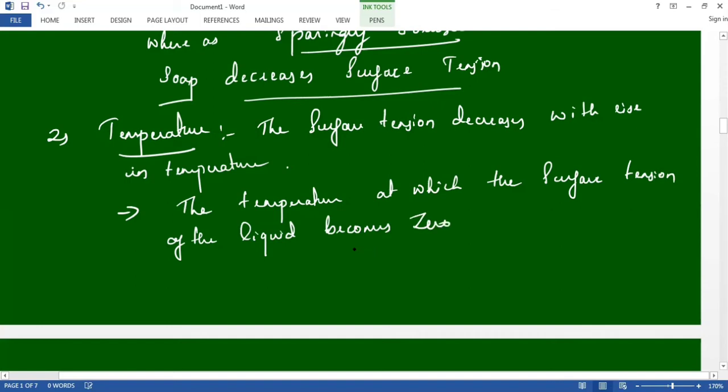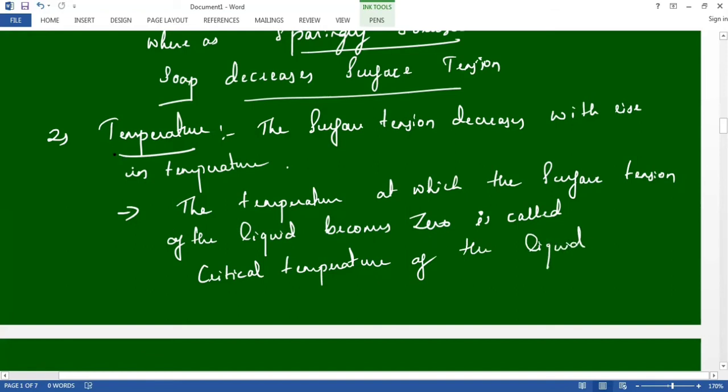Okay, it is called the critical temperature of the liquid. Critical temperature of the liquid. Okay, let us recall this temperature.